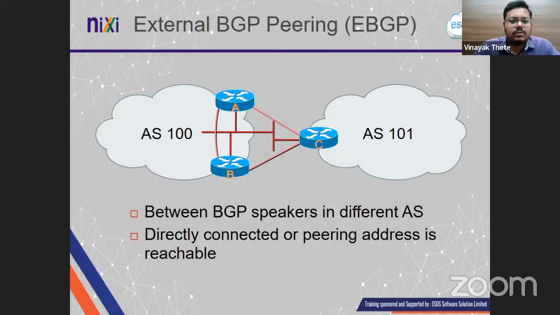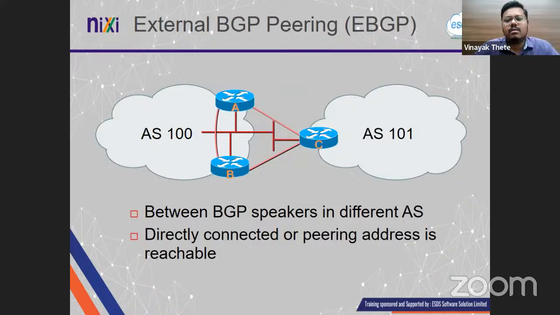Okay, we'll move forward. External BGP pairing, which is called eBGP, is between two different AS numbers, which are directly connected, or whose pairing address is reachable, for establishment of this communication.